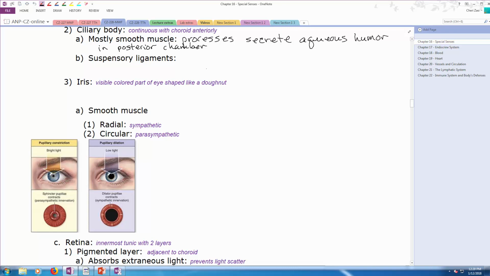Off of the ciliary body are these suspensory ligaments coming off of the ciliary processes.